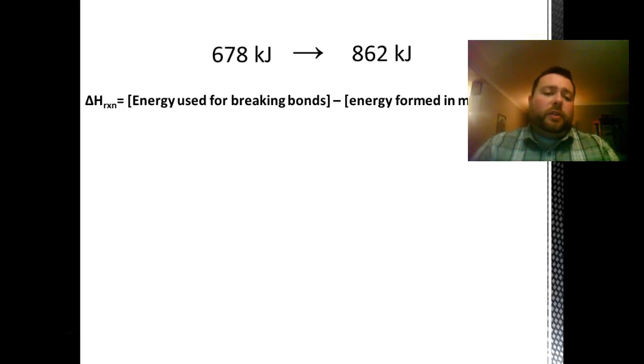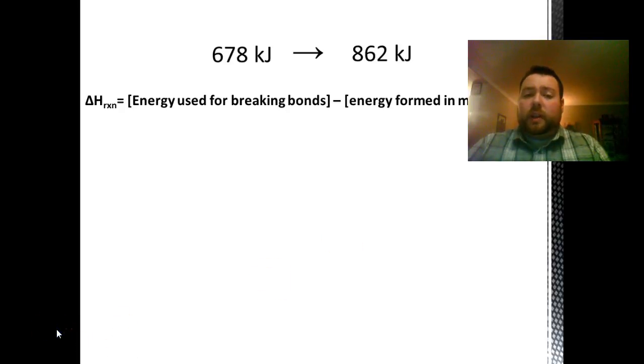So what we want to do is figure out the change in enthalpy for the entire reaction. Now, as we discussed, the change in enthalpy is really just saying how much heat is being increased or decreased. So on that reactant side, what we're trying to say is how much energy is used for breaking those bonds, and we want to subtract the amount of energy formed in making those new bonds.